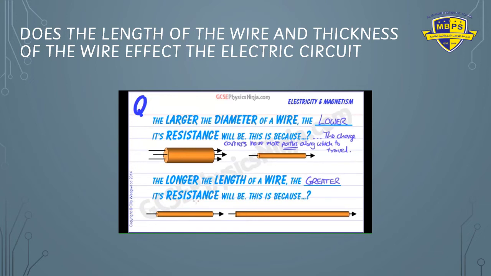So let's put that into words. So this is because there will be more collisions with the metal ions by the flowing electrons, and they will lose more energy.